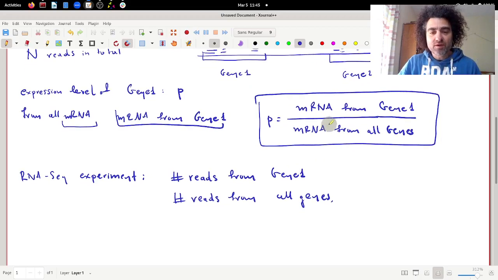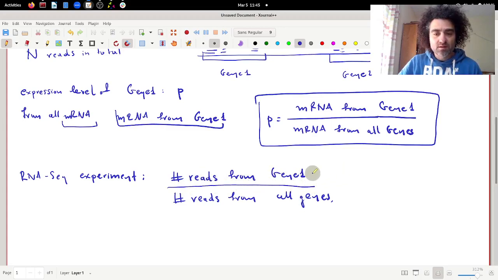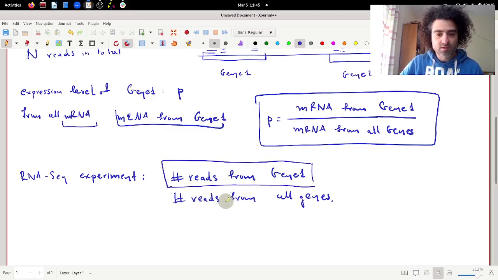Now, for this specific organism, the number of reads from gene 1, so this quantity here, let's use the symbol G1 reads.